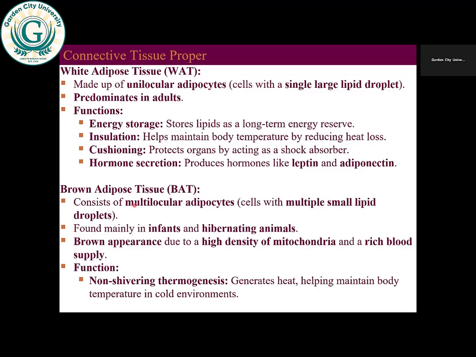So what happens is that they have brown adipose tissue, and these fat cells have a lot of mitochondria. Even in the mitochondria, you know that there is some pigment inside, and that pigment is what gives the color. With a lot of mitochondria, you know that mitochondria is the powerhouse of the cell.